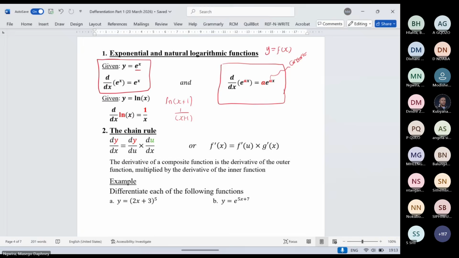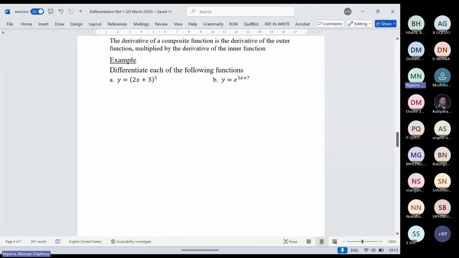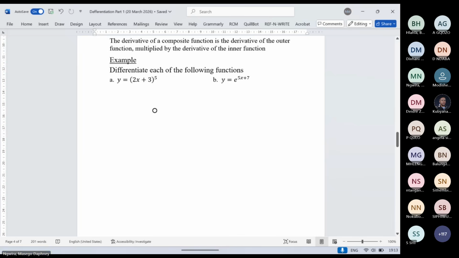Okay. All right. So step number 1, we need to know the inner and the outer so that we can follow the chain rule. I'm going to let. You don't have to say let, but I'm just going to say let for now.